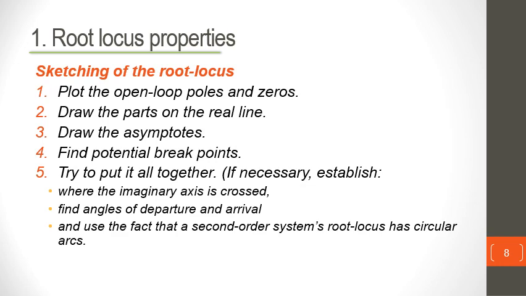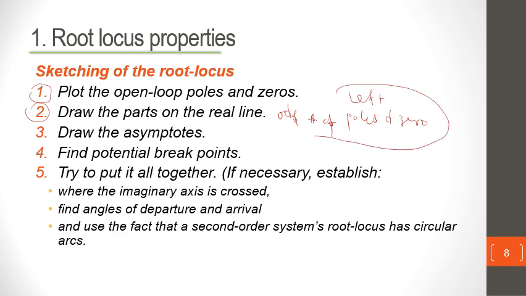The steps that we might take: the first will be to plot the open loop zeros and poles, and then remember we can also draw the root locus on the real line, because remember we said it's going to be on the left side of an odd number of poles and zeros. So it's going to be on the left, so that we can plot quickly.